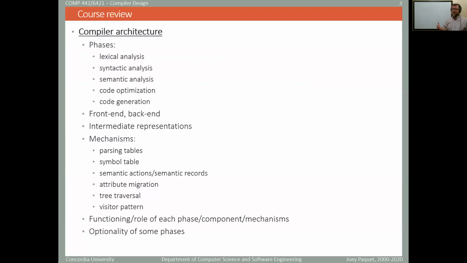The visitor pattern is not mandatory to implement a compiler, but it's an extremely effective tool to implement the later phases after parsing and generation of an abstract syntax tree.